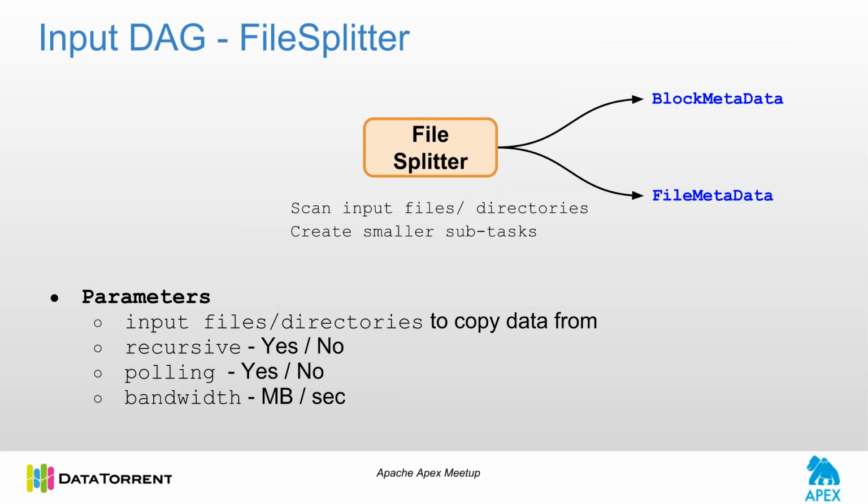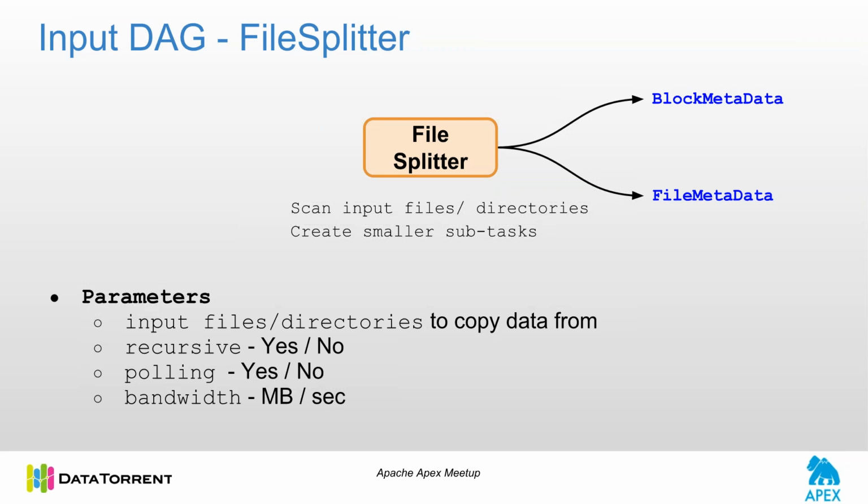The polling interval is the time when you would like to rescan these directories. The options are to copy once whatever is there and exit, or keep polling and reload if there is new data. Optionally, you can specify the bandwidth that you would like to utilize for reading.